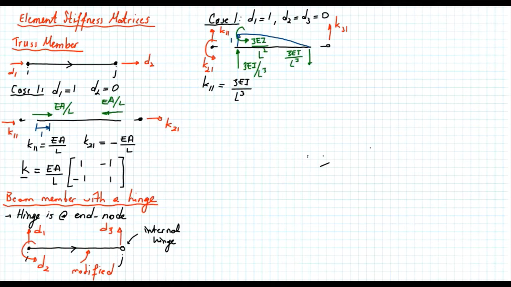K21 is equal to 3EI over L squared, and K31 will be equal to minus 3EI over L cube. So we finished case 1. Let's work on case 2.